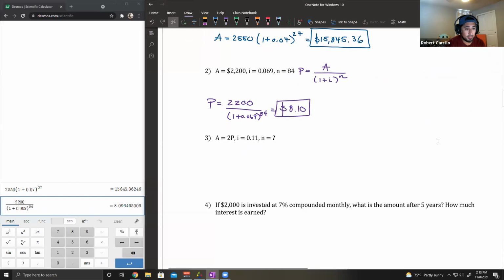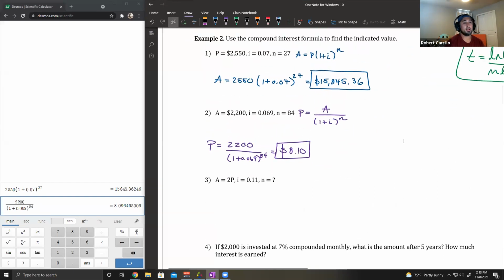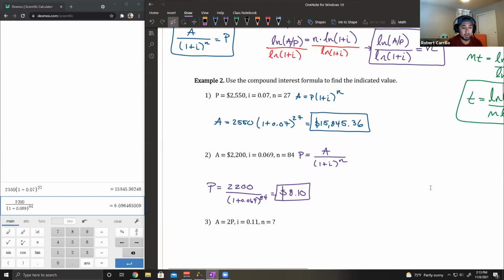Okay. And then number 3, A equals 2P, i equals 0.11, and what is the value of n? So for this one, we're using that third formula, n equals the natural log of A over P over the natural log of 1 plus i.